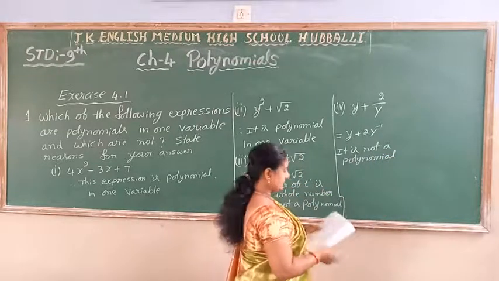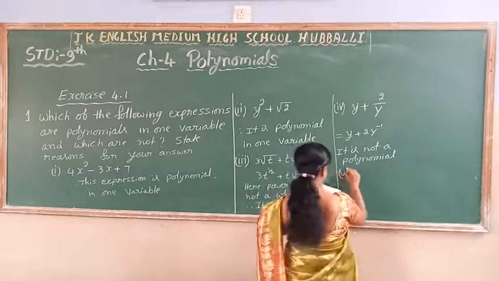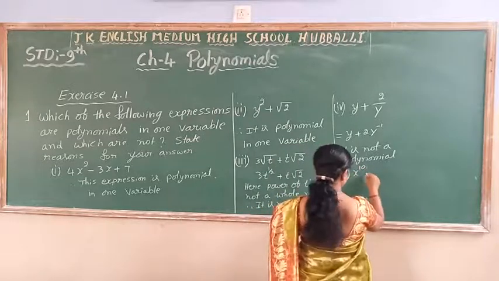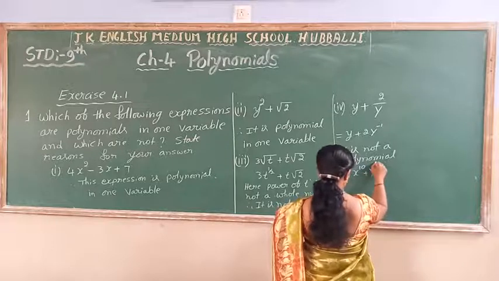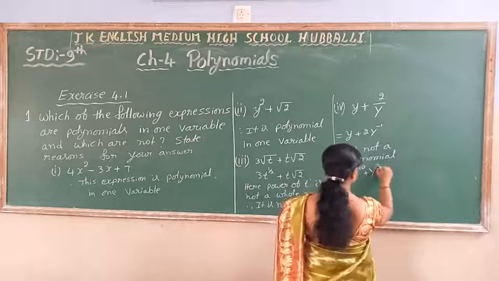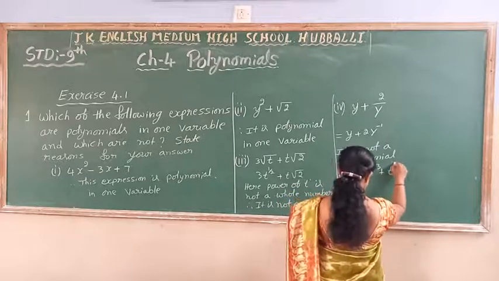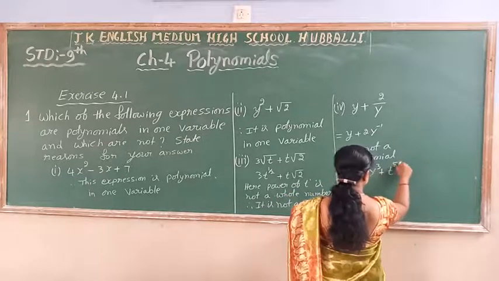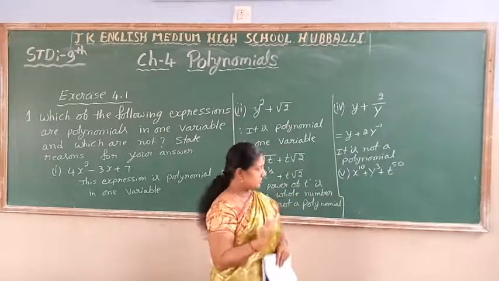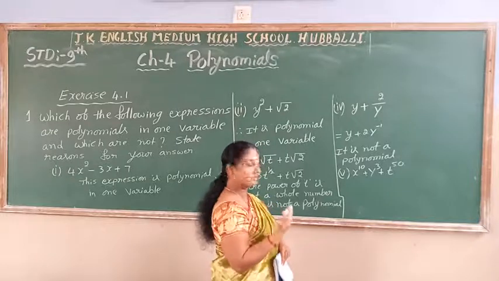The next one, the fifth one, x to the power 10 plus y to the power 3 plus t to the power 15. Here all are whole powers, but three variables are there. One is x, another one is y, another one is t.